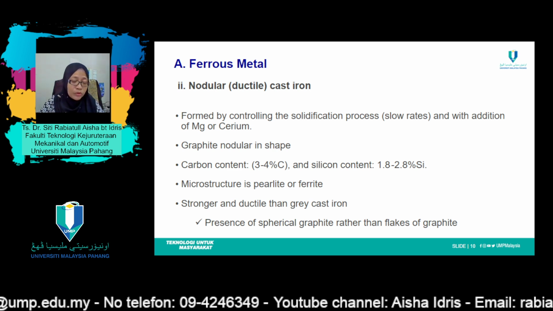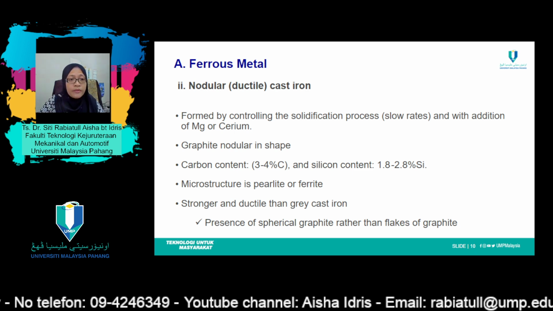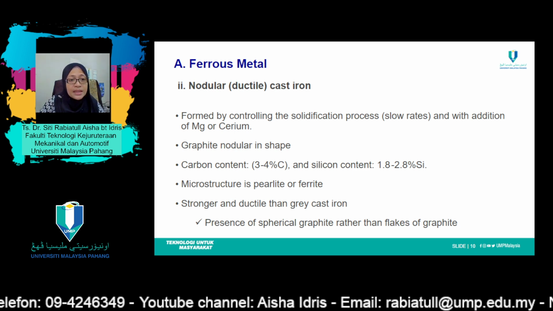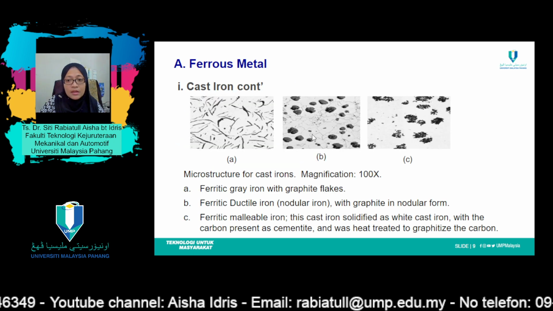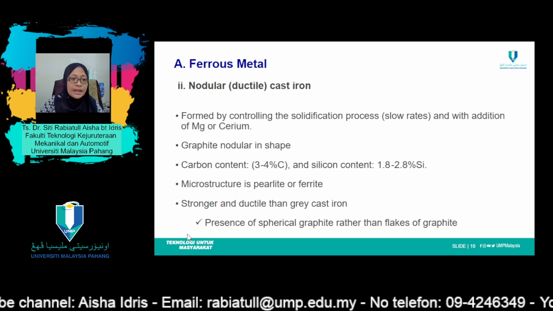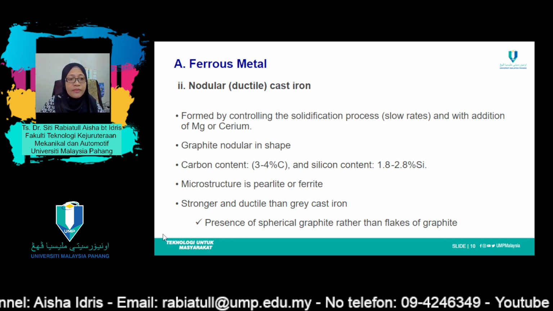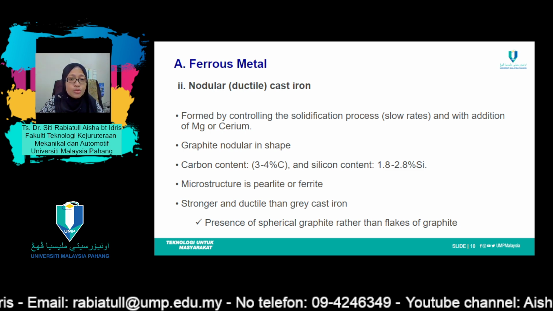However, a heat treatment for several hours at about 700 degrees C will yield a ferrite matrix, as in this photograph over here. Well, these castings are stronger and much more ductile than grey cast iron. In fact, ductile iron has mechanical characteristics approaching those of steels.